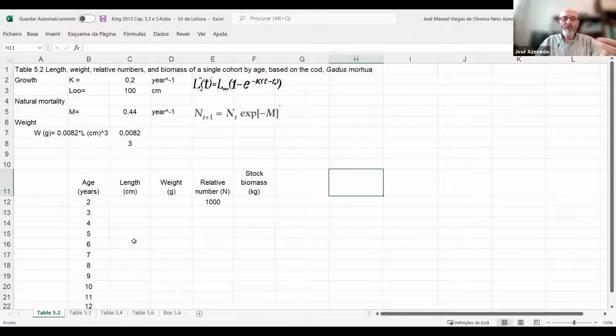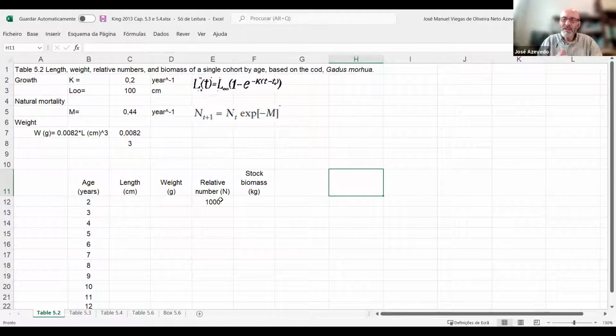You will calculate from the length the corresponding weight of each individual fish. And then, of course, an important thing is how many fish there are if you want to calculate biomass of the stock. Well, we don't know that, but we must do something about it. One alternative is to use relative numbers.